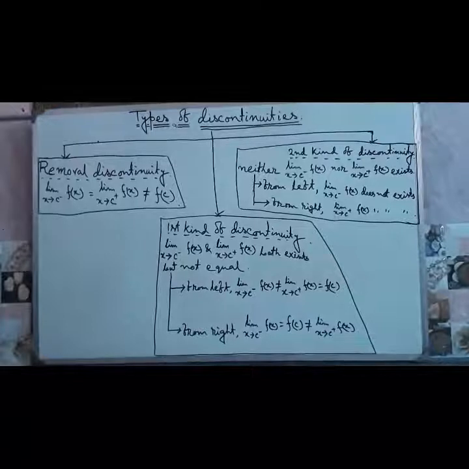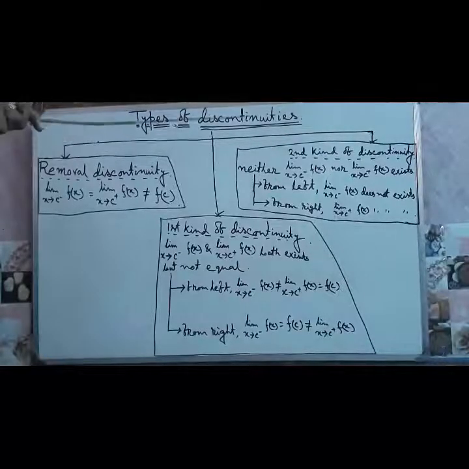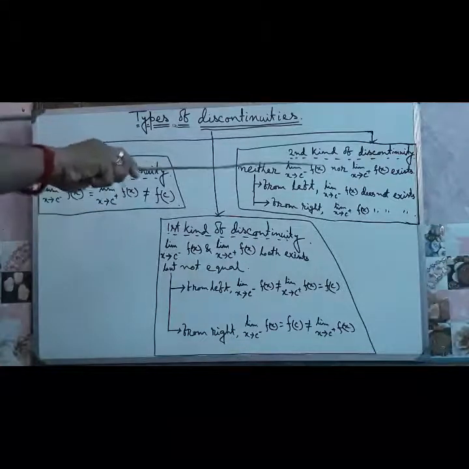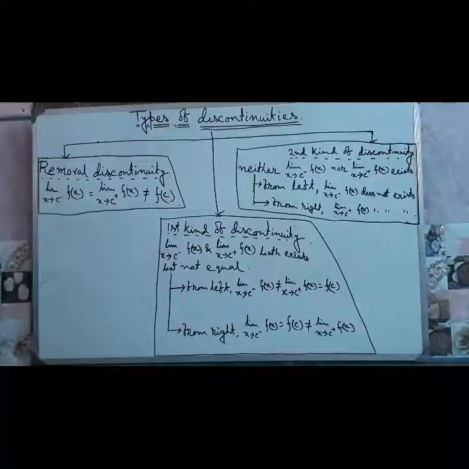Now we shall discuss the types of discontinuities. There are three types of discontinuities: removable discontinuity, first kind of discontinuity, and second kind of discontinuity. What is removable discontinuity?